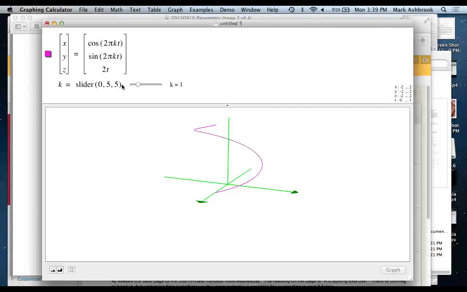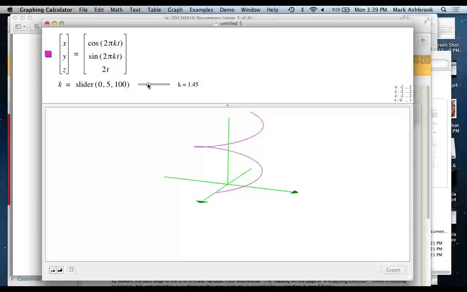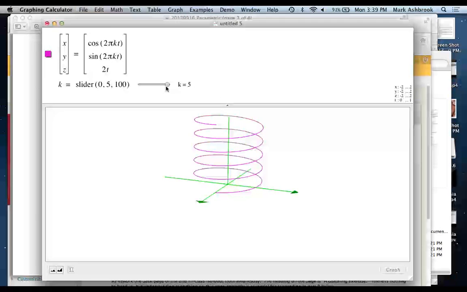All right. So I think it'd be cooler if we go by 100. There's one. Okay. So as I increase k, yeah, we need to go higher.